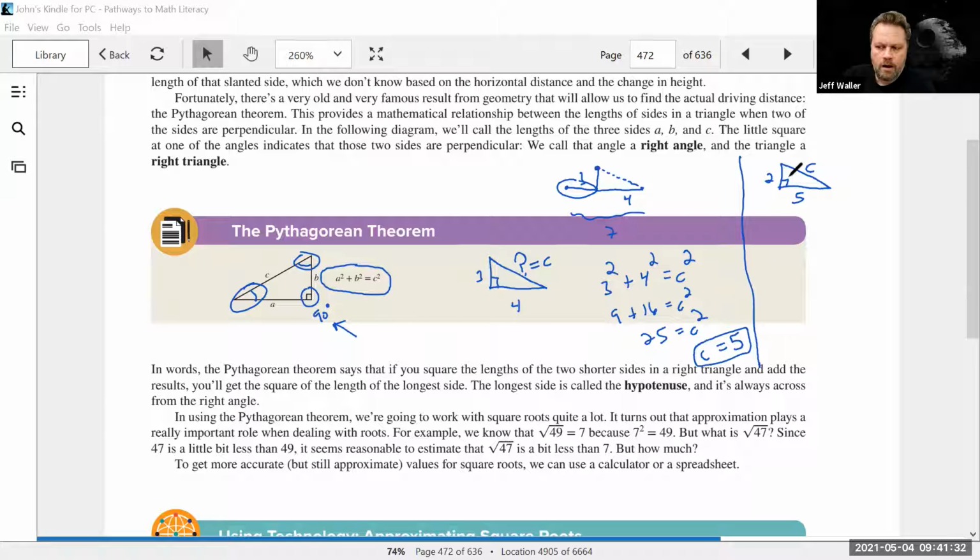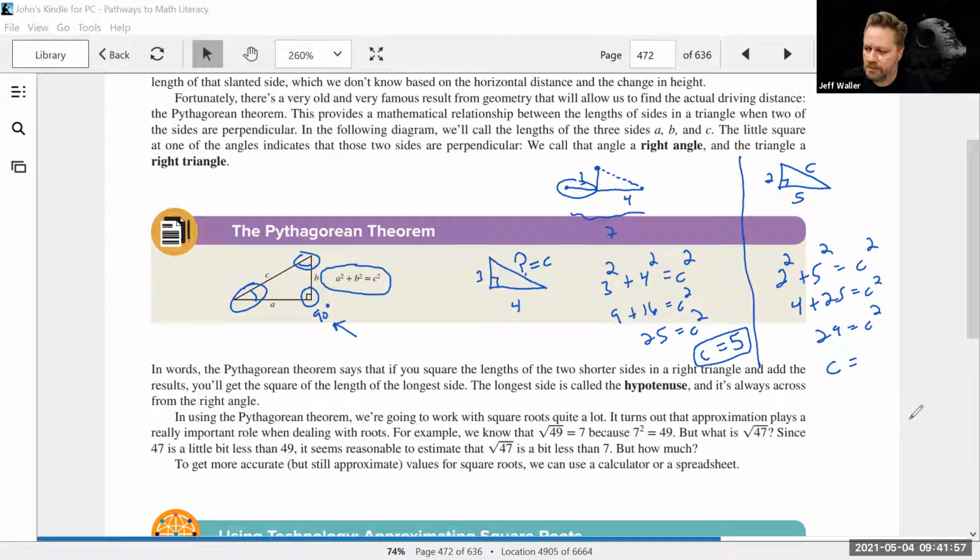No, because this is not a square number. No, you still can figure it out. It's just not going to be pretty, right? Don't throw out numbers just because they're not pretty. So let's try it out. You ready? So it'll be 2 squared plus 5 squared equals c squared, correct? So 4 plus 25, 29. So does anyone know what c is?